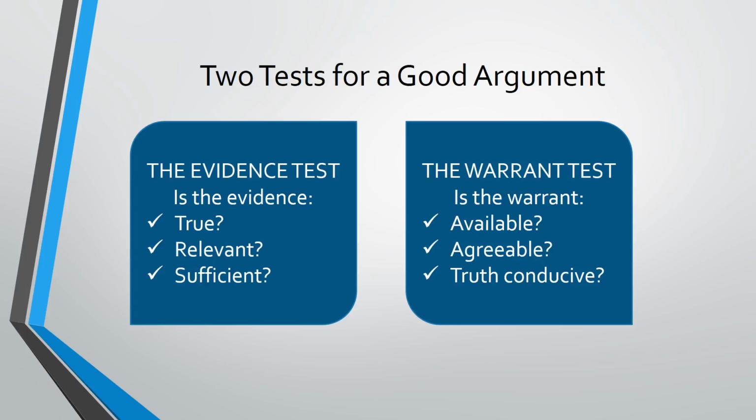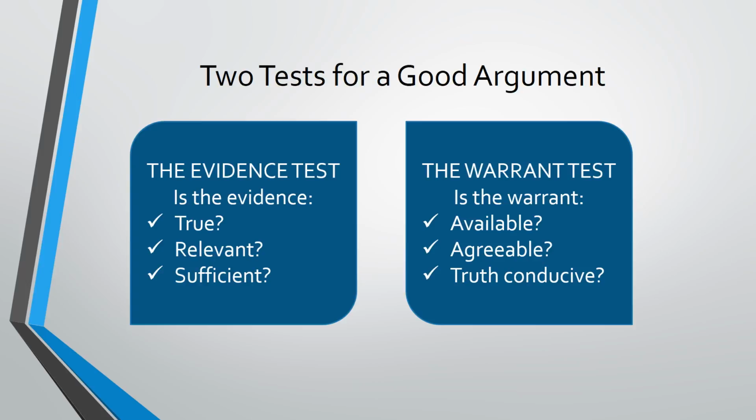Now, we talked briefly about the concept of truth conduciveness in week 1. Perhaps the easiest way to understand it is to begin with the verb form of the word conducive, which is the verb to conduct. Good warrant conducts truth the same way good copper conducts electricity.